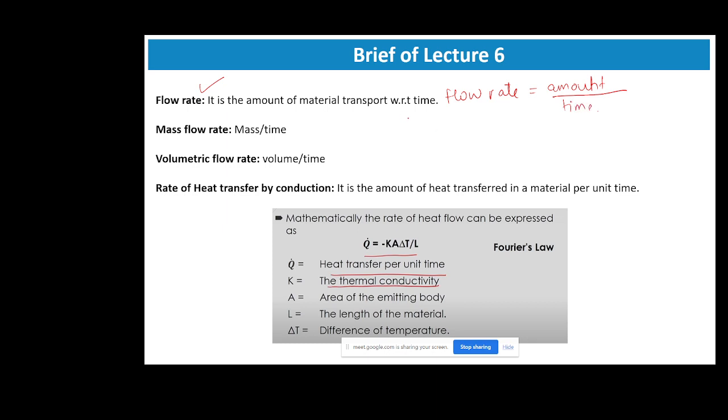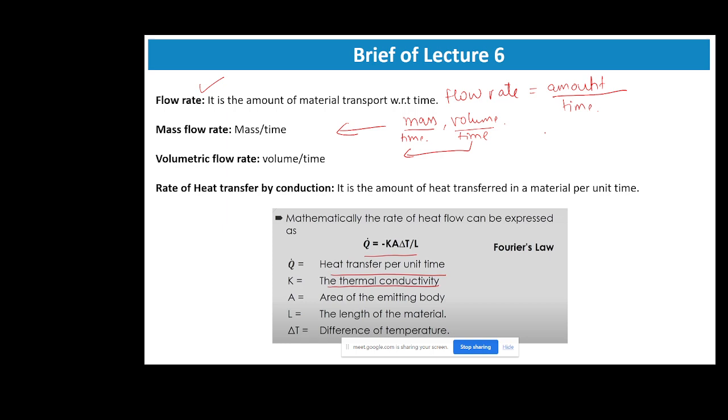This amount can be represented in terms of mass, and also in terms of volume. If it is mass per unit time, it is mass flow rate, and if it is volume per unit time, it is volumetric flow rate.